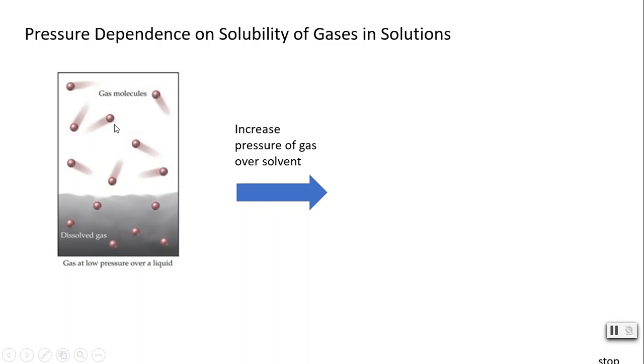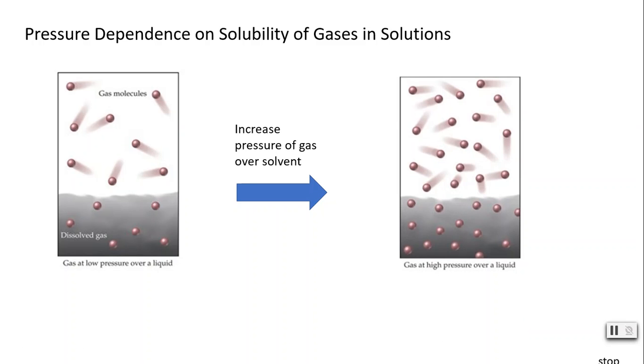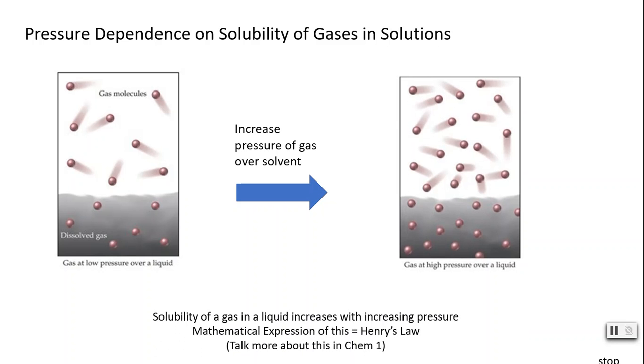If I increase the pressure of these gas molecules above the solvent, what's going to happen? You remember from the gas chapter we just talked about, when you increase the pressure, the molecules will increase in motion, and that will give them more opportunities to dissolve in your solvent. So the solubility of a gas increases linearly with increasing pressure.